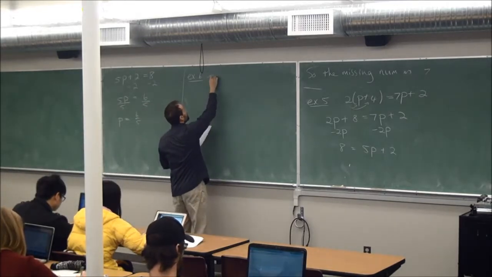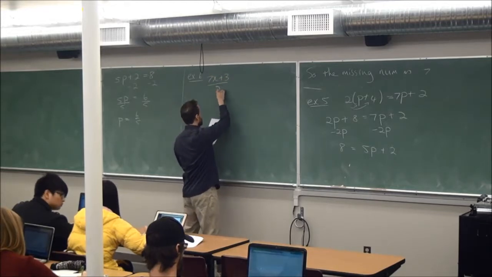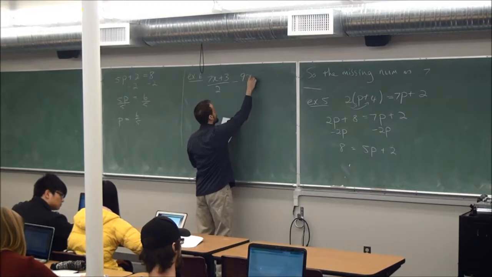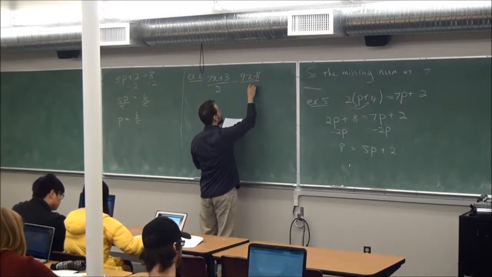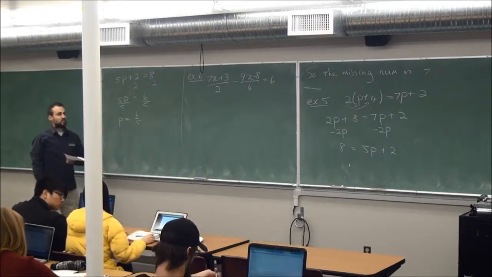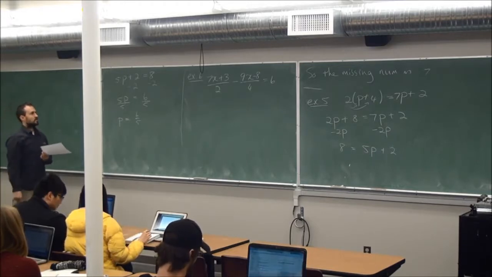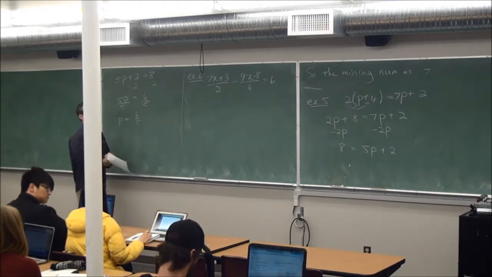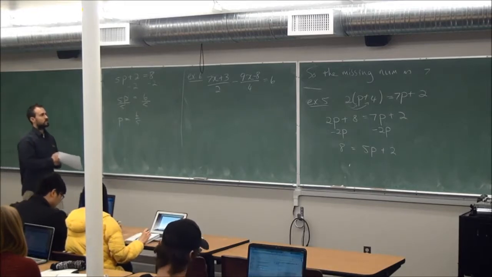Now I have (7x + 3)/2 − (9x − 8)/4 = 6. And we're not going to do many of these just for the sake of them. We're not doing pre-calculus. I'm just doing enough to emphasize how we're actually working with equations.